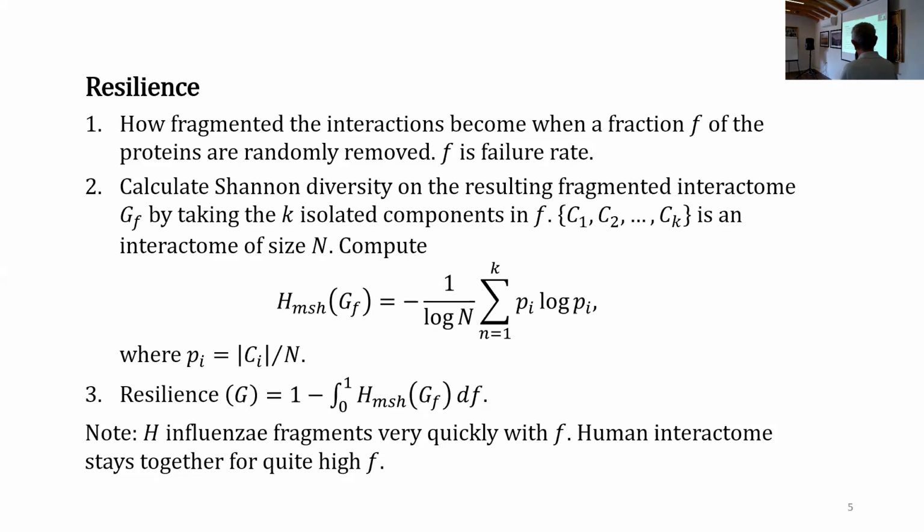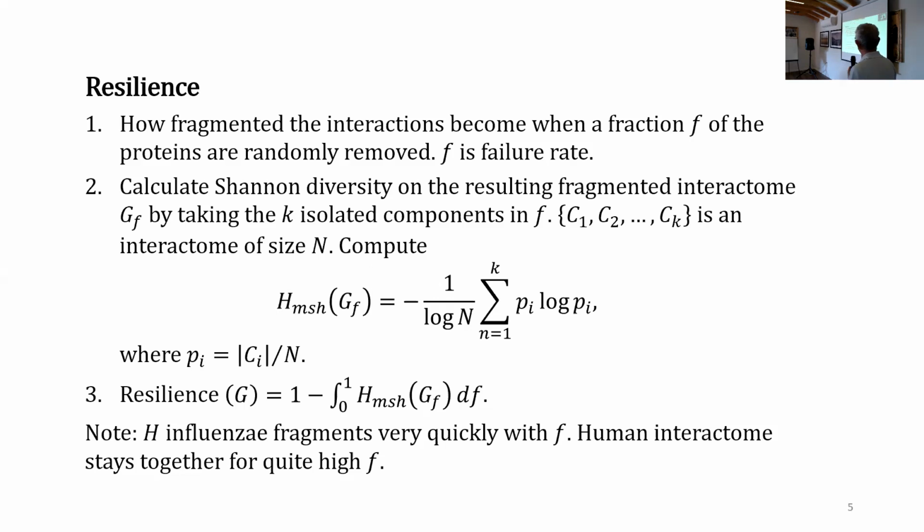Now, you calculate the Shannon diversity, which is a classical information measure, on the resulting fragmented interactome, G_f, by taking the K isolated components. So each of these C's is an isolated component, which is an interactome of size n.